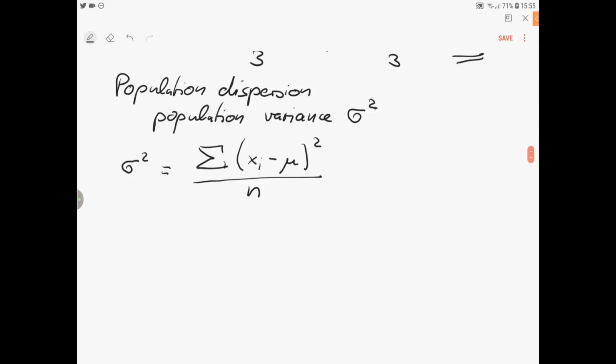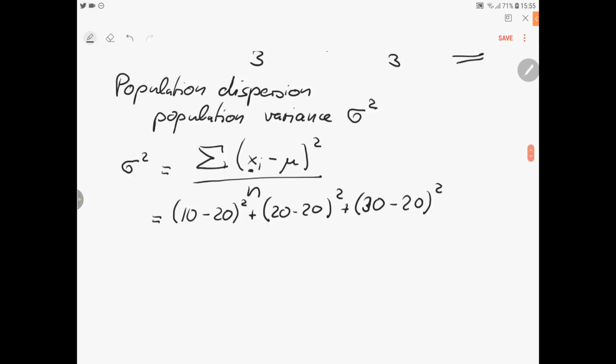So how would that look? Our first data value was 10 minus 20 squared plus 20 minus 20 squared plus 30 minus 20 squared. And these 20s are always the mean of the population.